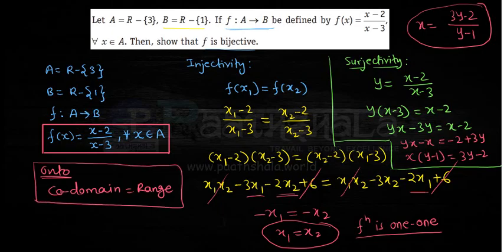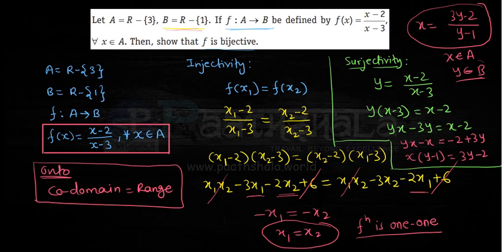So here we can see x belongs to A and y belongs to B. We can see y belongs to B, with y - 1 in the denominator. So 1 should not come under B. We can see that in set B, 1 is already excluded. So it means that codomain equals range, meaning all values are possible.